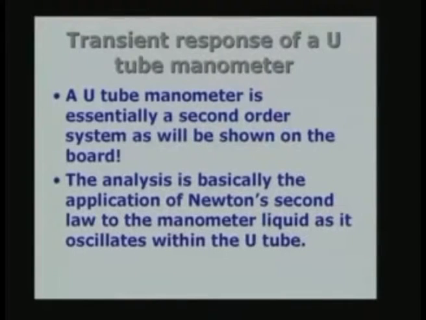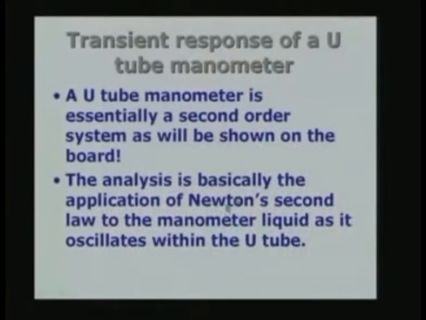So, we are going to show that it is a second order system, as we will show in a moment. So, how are we going to do the analysis? It is basically the application of Newton's second law of motion to the manometer liquid as it oscillates within the tube. I am already foreseeing that the liquid is going to oscillate in the U tube.